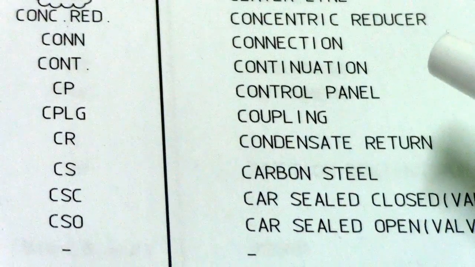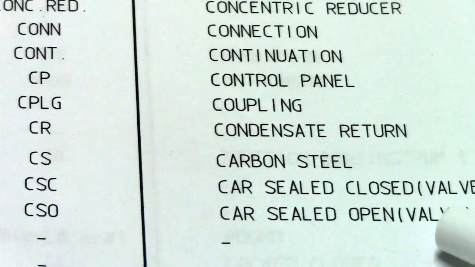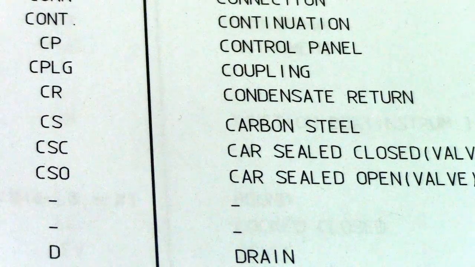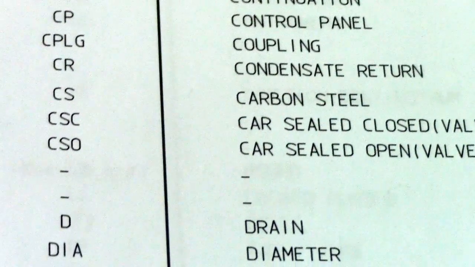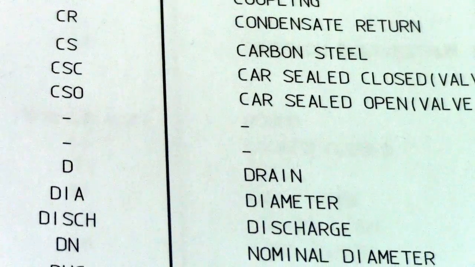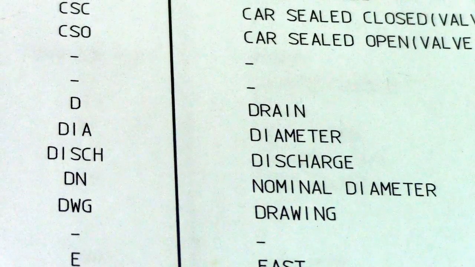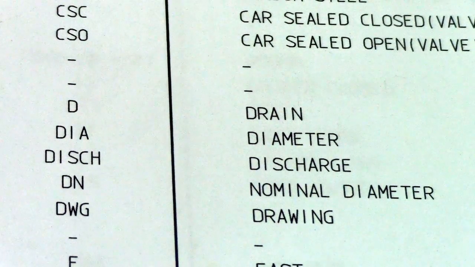Carbon steel. CSC, this is car sealed close, valve. CSO, car sealed open. So we have also drain, diameter, discharge. DN, the meaning of DN, this is always seen in the isometric drawing.